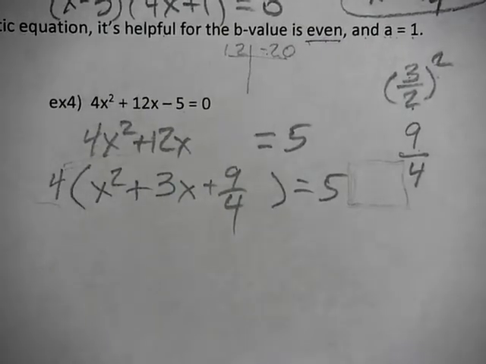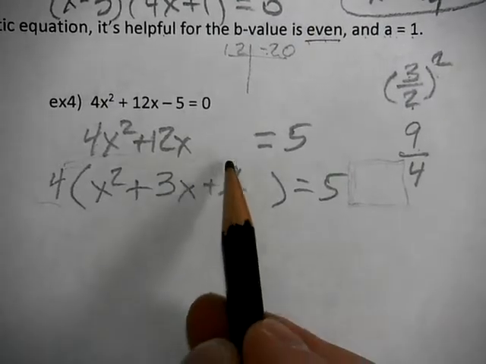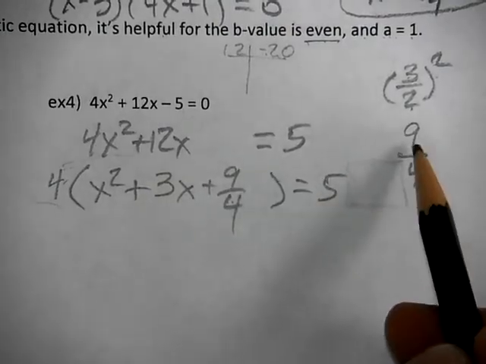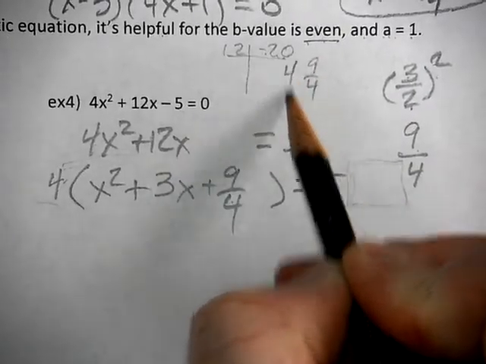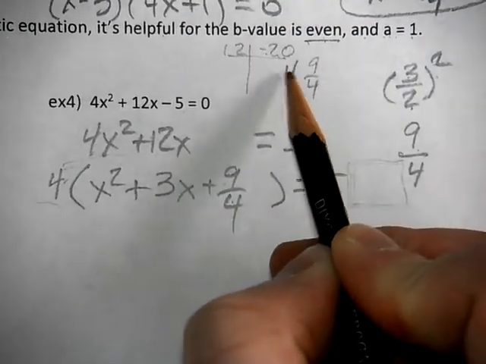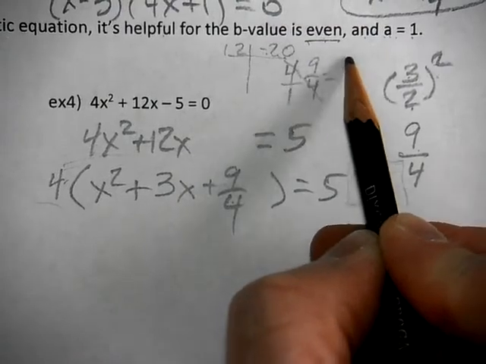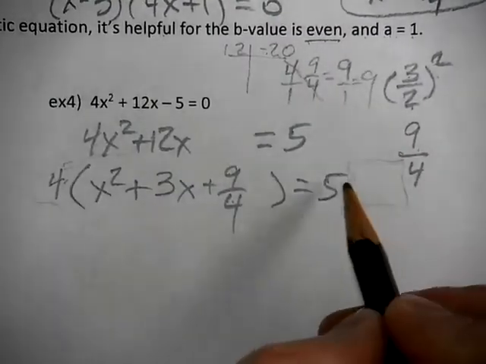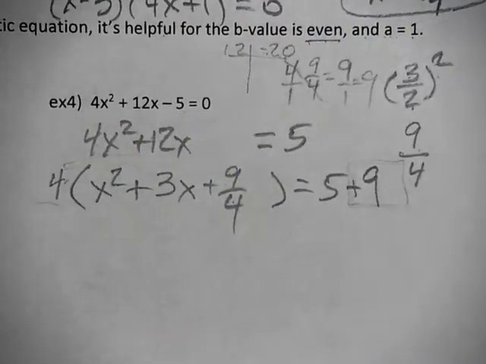It's gone up by what? This becomes a 9. It's 4 times 9/4. So think about your 9/4 times 4. 4 over 1, nice. And they cross off, and it becomes 9 over 1, which is just 9. So we are going to add a 9 to the right-hand side.